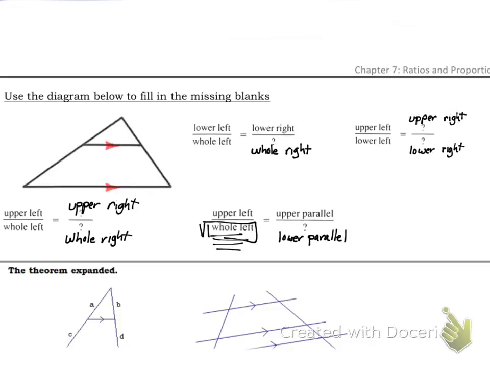That's the most important part. Without that whole left, I can't compare it to the parallels. Can't stress enough how important that is to know. Because here I could do upper left, lower left, upper right, lower right, but I cannot do upper left, lower left to parallels. Cannot do that with parallels. However you want to note that to yourself, it's important.